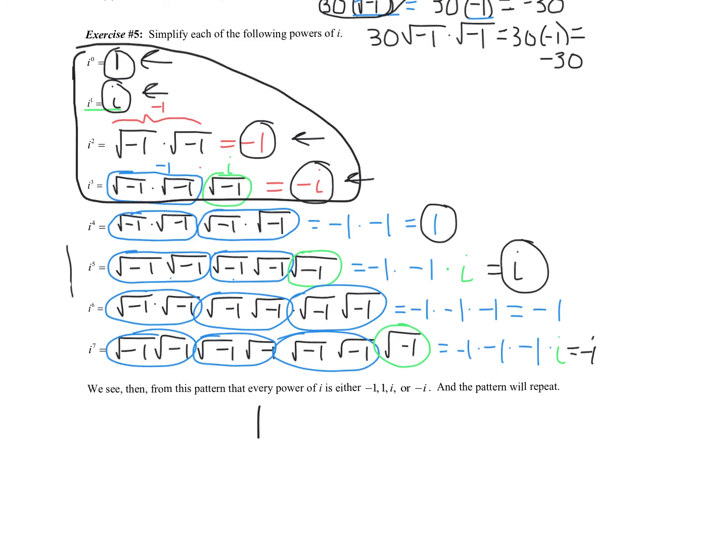So we have 1, i, -1, and -i. Now if I had a higher power of i, I'm not going to sit there and write out, I don't know, 25 square roots of -1 to figure it out. In math, once we have a pattern, we want to find a way to jump down that line without figuring out the long way which one is correct. So we're going to look on the next page to come up with that method.